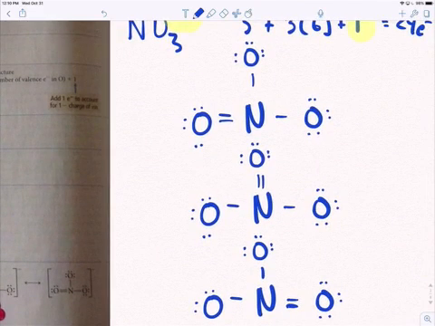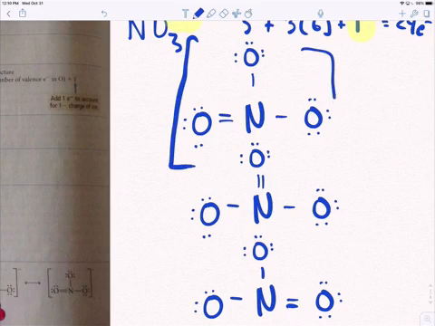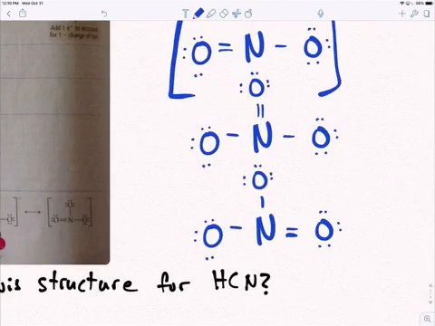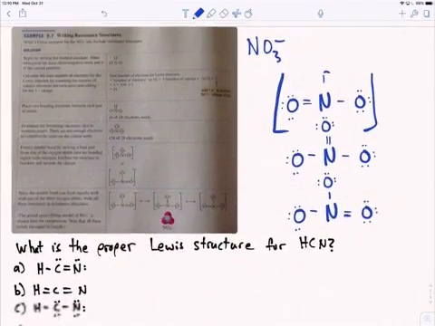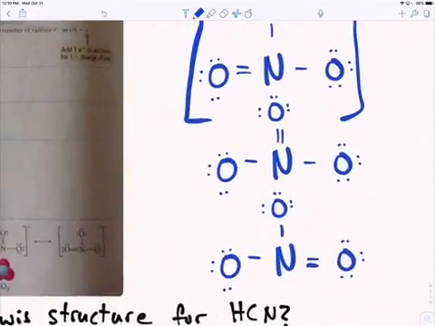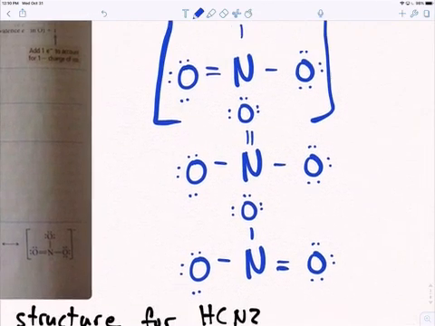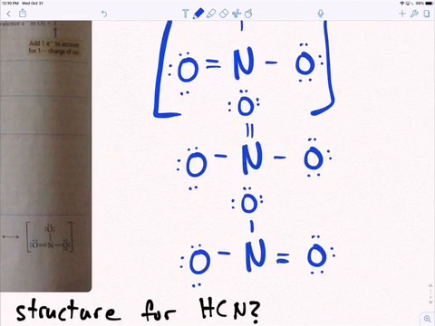Also, what's common if something's an ion, is to put the thing in brackets and then put the charge of the ion on the outside. I'm running out of space. I'm just going to take over the other side.